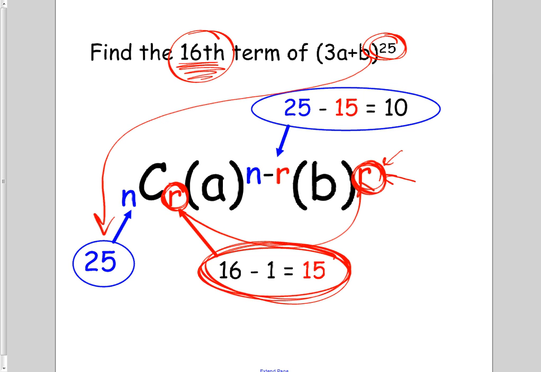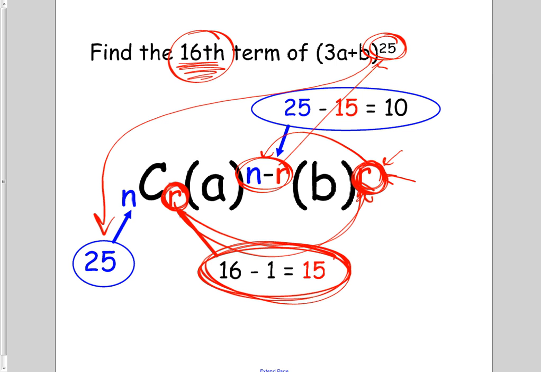Whatever this number is on this spot, I just match it over here again. And the last piece of the puzzle is that this exponent plus this exponent always has to add up to this number, the exponent up here.